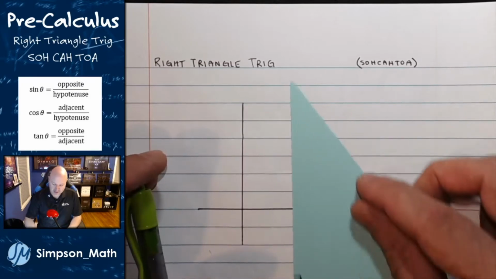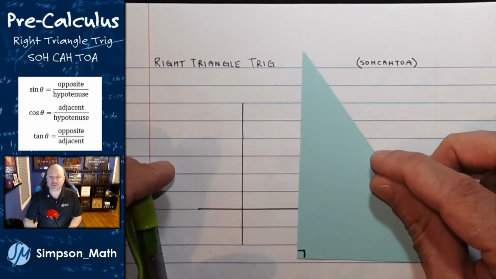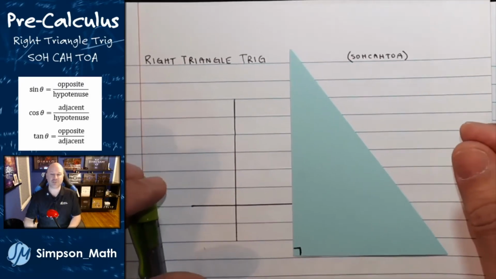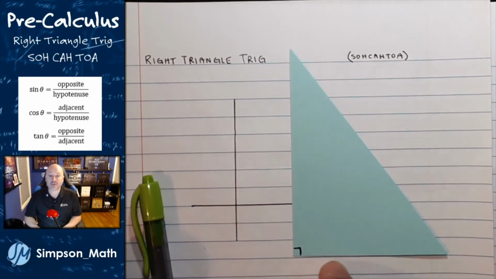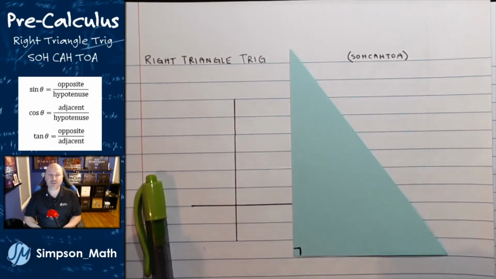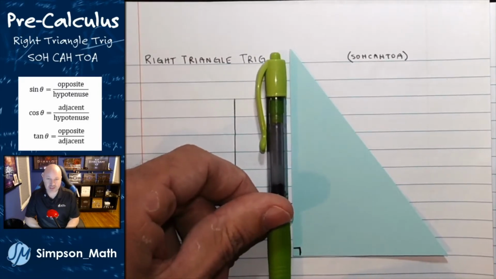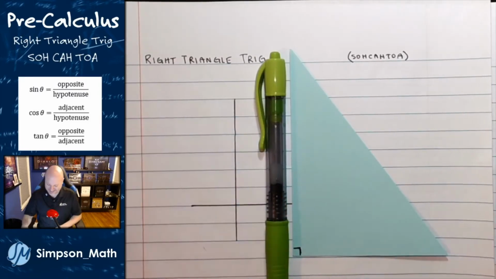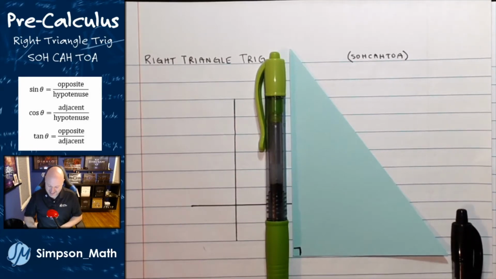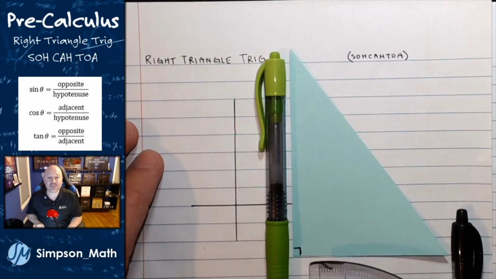Maybe pretend that this triangle represents the height of a tree. So this line down here, the base, is the ground, and you've got this green tree which just happens to grow straight up, and you're down here on the ground, and you're able to measure the distance you are away from the tree.